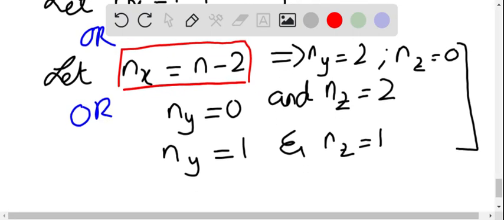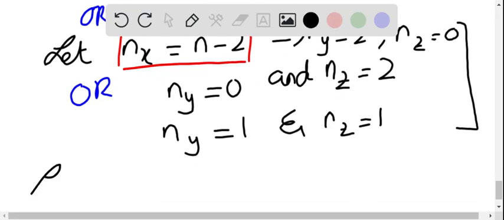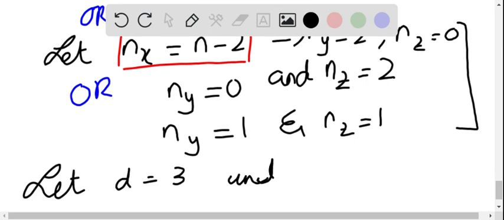So then again we will let d be equal to 3 and so on, right? Because it would go on and on.